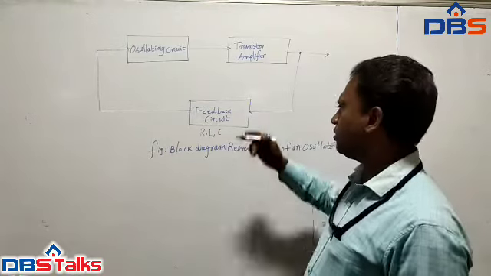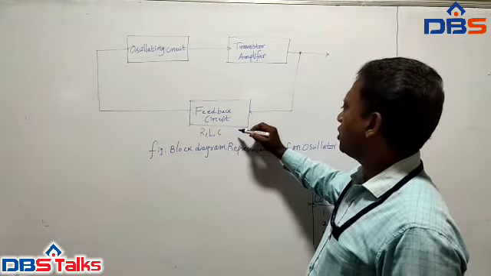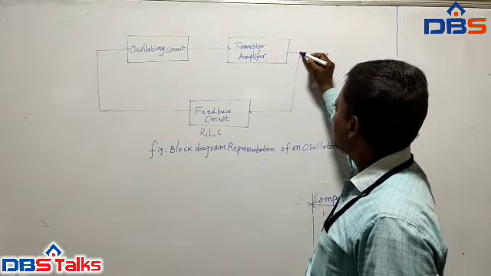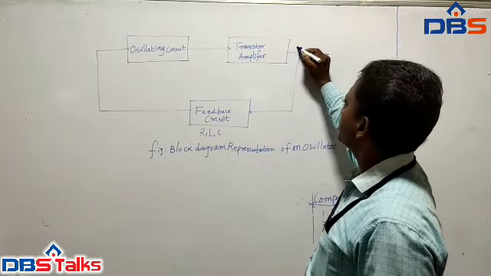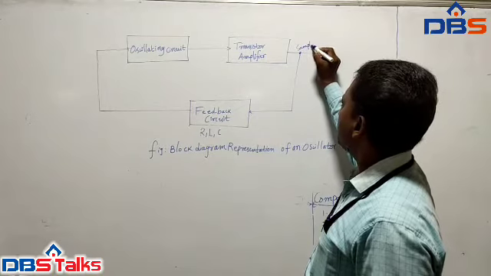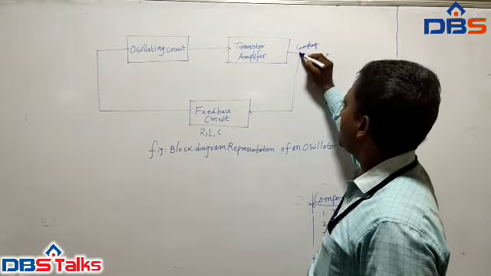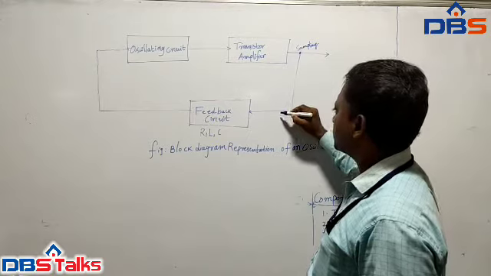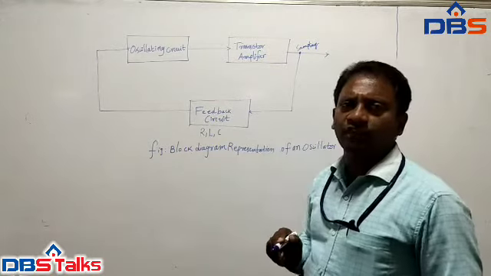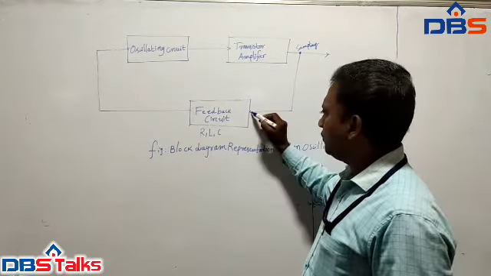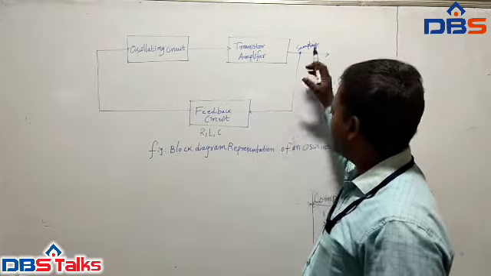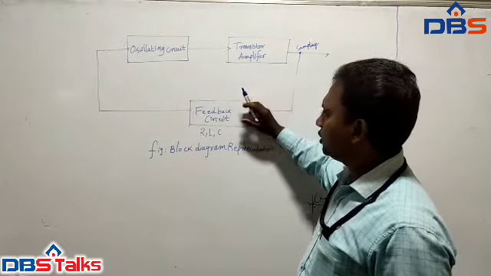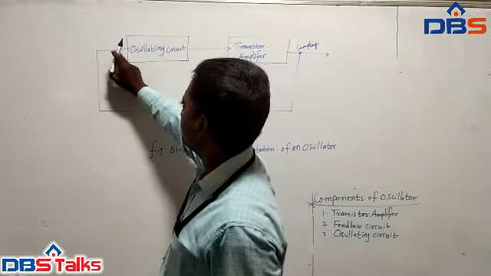Taking some part of the output signal is called sampling. The feedback circuit takes that input signal, operates on it, and gives you the output signal.